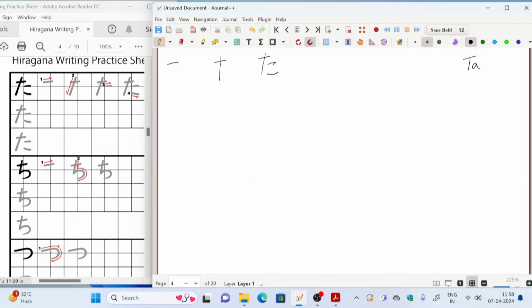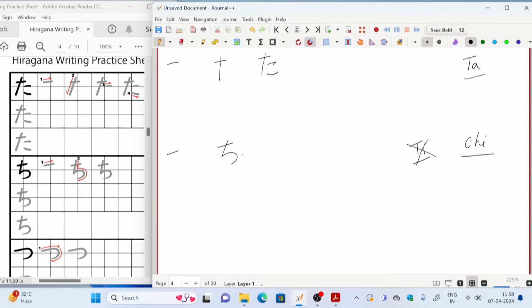Next is Chi. First, second, and then pull it here, make it like a wave, and then this is called Chi. So in Japanese we don't have a Ti sound, we have a Chi sound. So after Ta you write Chi.